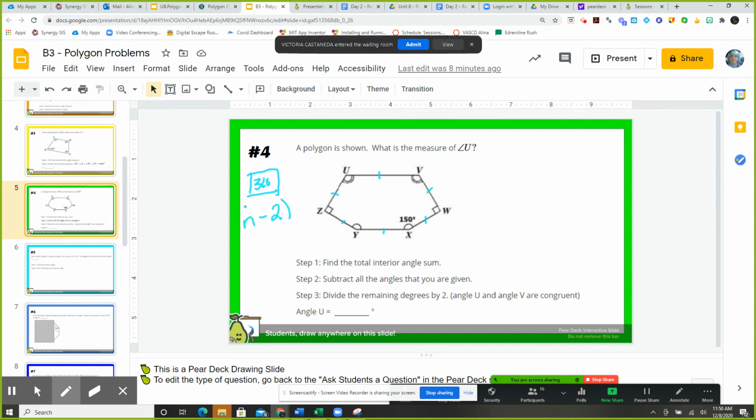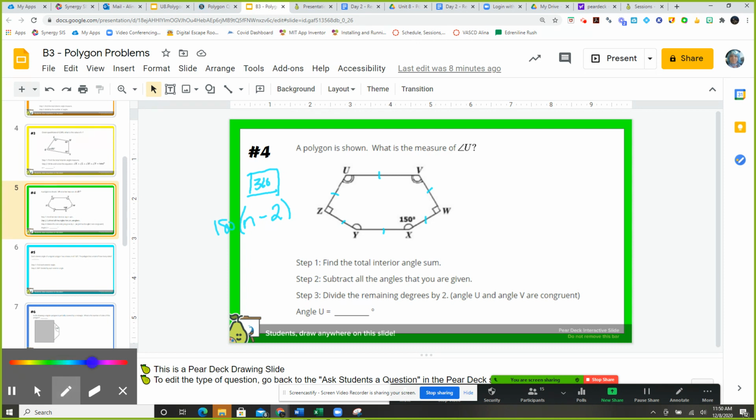N minus 2 times 180. So what is n minus 2 times 180 if my n is 6? 720. Oh no. So if my total angle measure is 720, how do I figure out u?